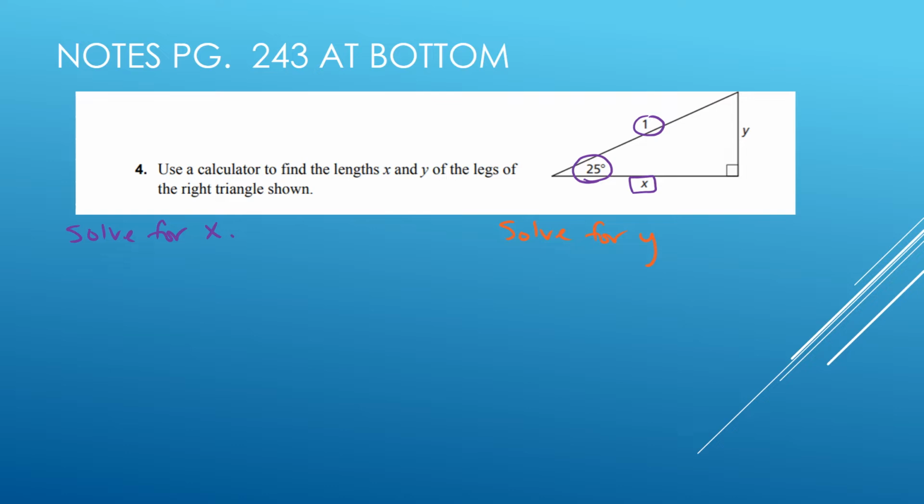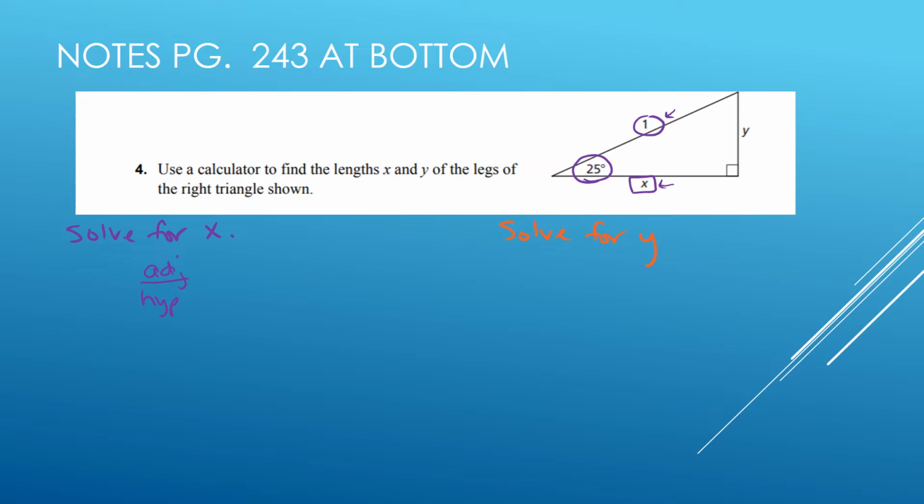But what you have to do is take the angle that you have and decide on the trig function. Generally we use sine, cosine, and tangent. So from this 25 degrees, I want to decide what ratio x and 1 make in a trig function. x is actually going to be the adjacent. So in my head, I'm thinking, okay, x is the adjacent and 1 is the hypotenuse.